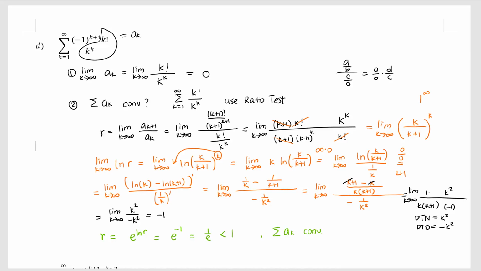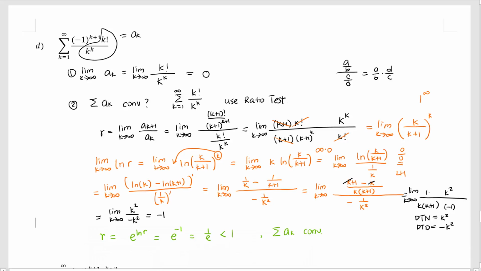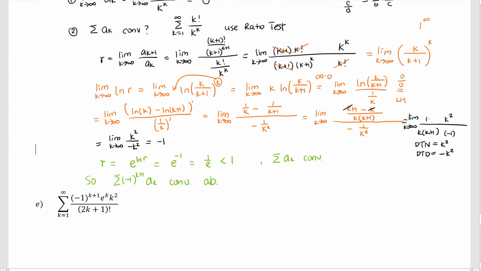Because the series of a sub k converges, we say the alternating series converges absolutely. Alright, so this is the solution of part D.